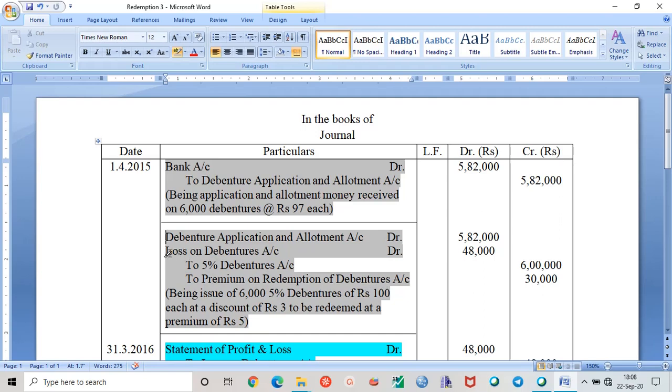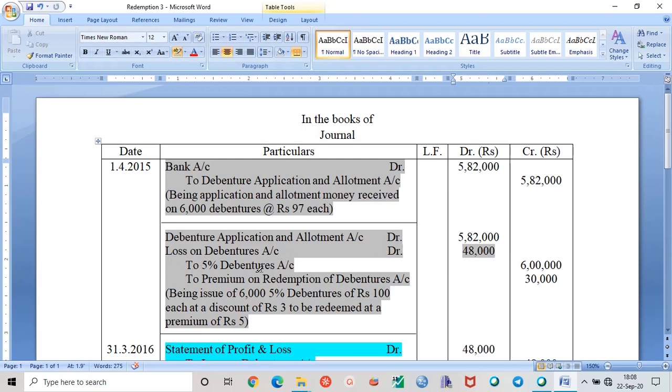So just write loss on debentures account debit. Don't write the amount right now, just leave it blank. By looking at the question only, you will understand that this is loss on debentures, because the debentures are to be redeemed at premium. So loss on debentures account debit, leave it blank.